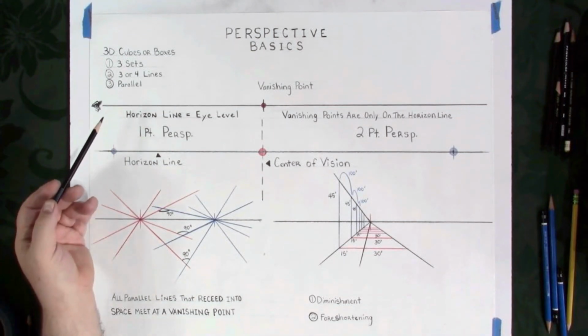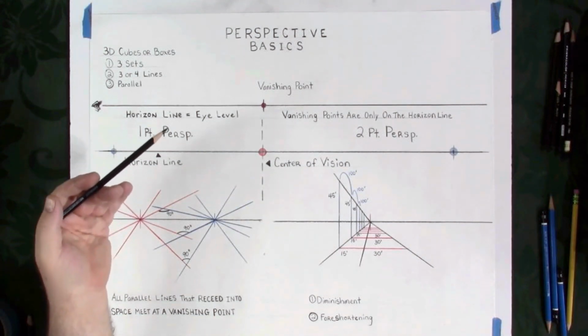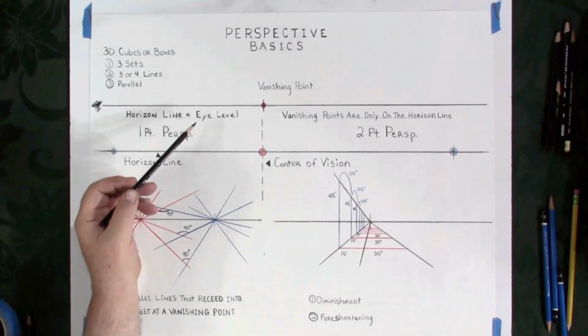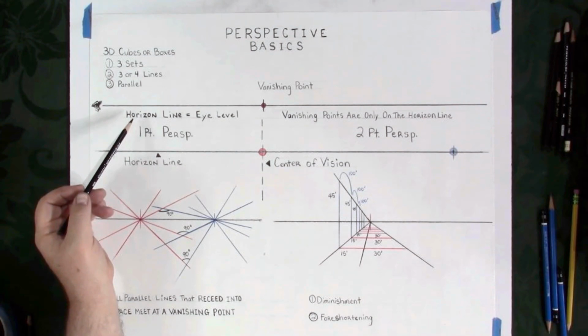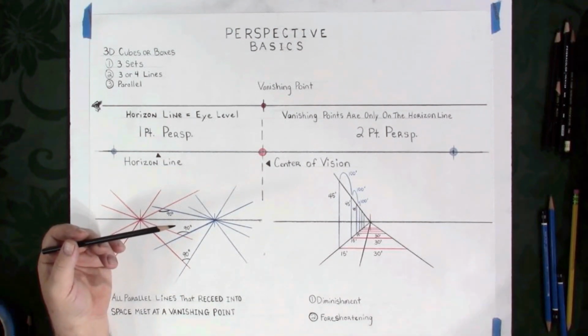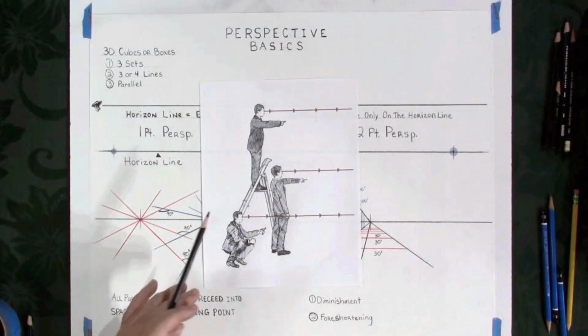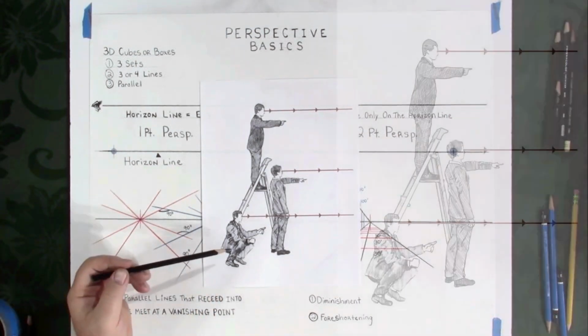Or the eye level as we'll call it, I said eye line, but eye level is probably the more proper term. But again, the horizon line and the eye level are the same thing. And the eye level tells us how far our eyes are off the ground.